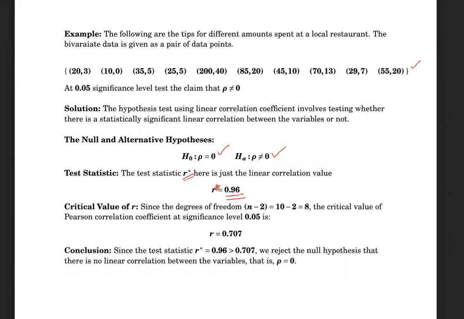Now, here degrees of freedom is n minus 2, not n minus 1. Now where do you look? Everybody open the table and go to page number 3.